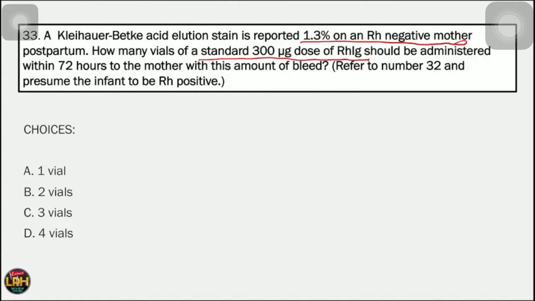So, using the value in item number 32, so 1.3%, we multiply it by 50, giving you a fetal maternal hemorrhage volume of 65. This 65 should be divided by 30.